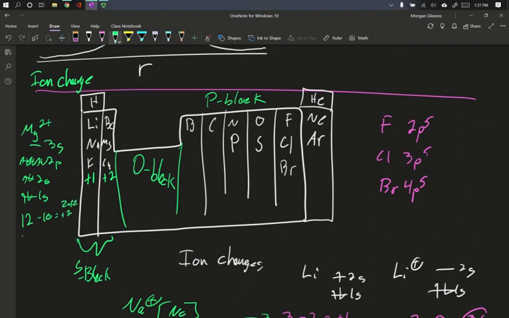But as soon as we go down to only having 2 core electrons, once we've gotten rid of 2 of our charges, everything in the n equals 2 sees a +10 Z effective. Similarly to sodium, it's just not going to lose a second electron. They're way too strongly attracted.